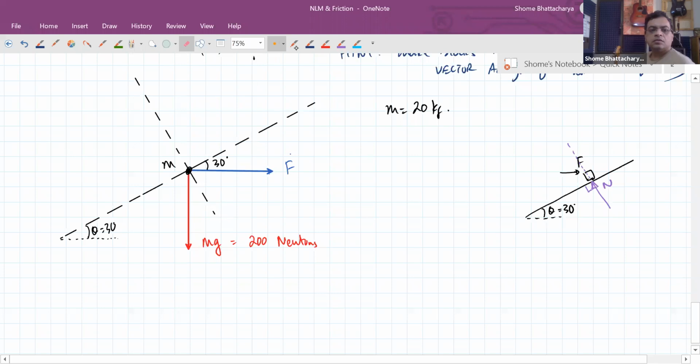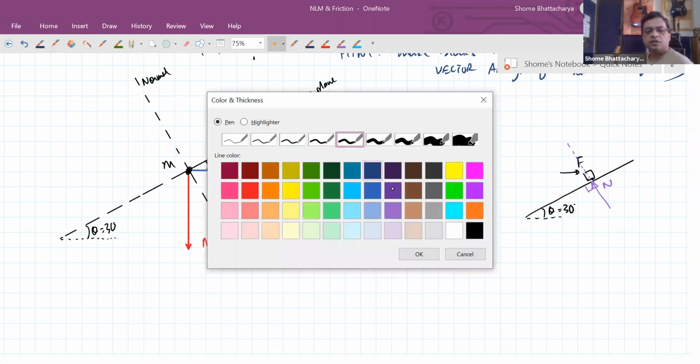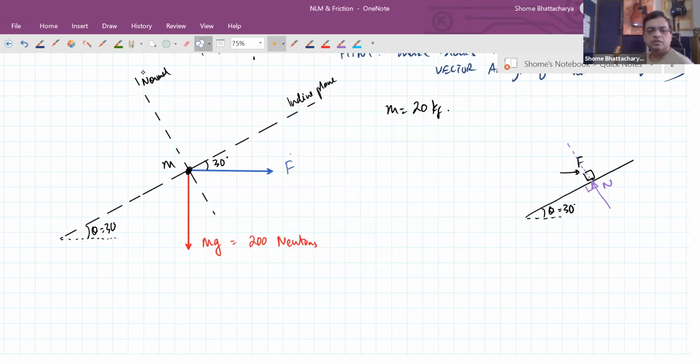So this is the inclined plane's axis. And this is the normal to the inclined plane. So the normal contact force will now act along this line. This is the idea. And also you can see that here this angle is 60, therefore this angle will become 30 degrees.